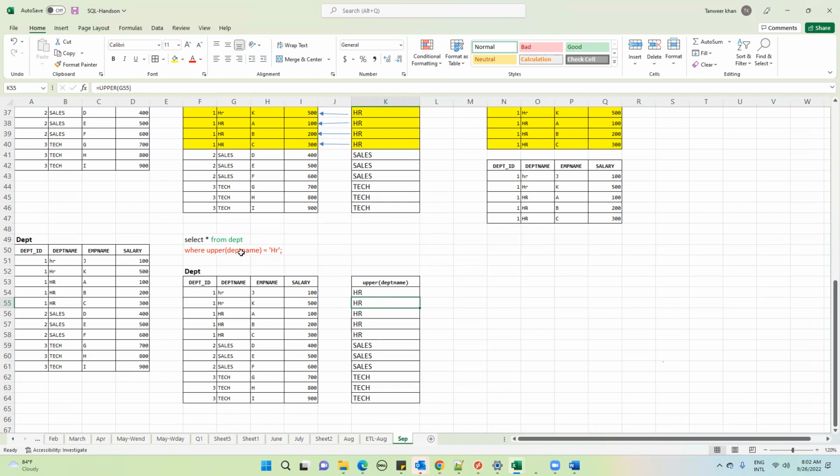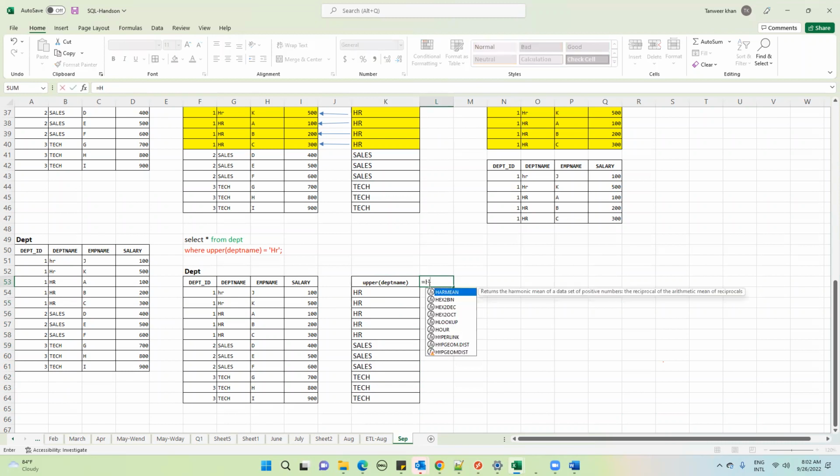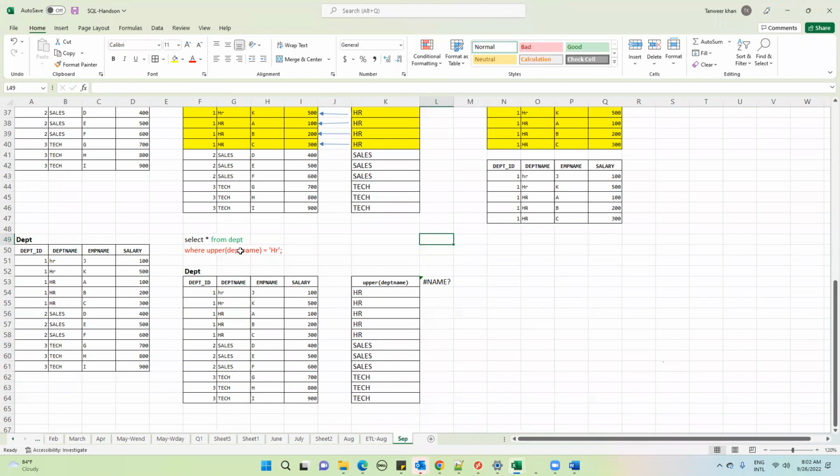Now, after upper department name, you are telling it to compare this with HR. So now it will compare this column, upper department name, with HR. You got it so far?